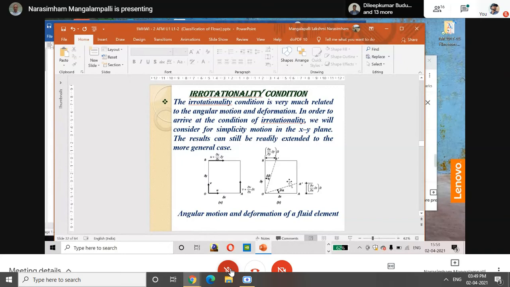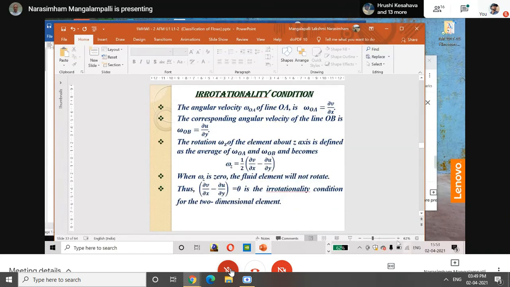So this is the angular velocity, the average angular velocity: half of dou V by dou X minus dou U by dou Y. Okay. Now find out what that value is.